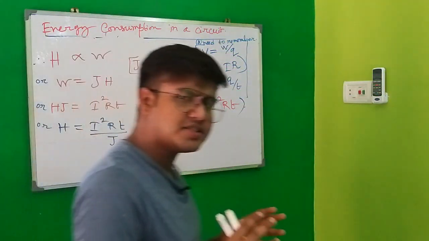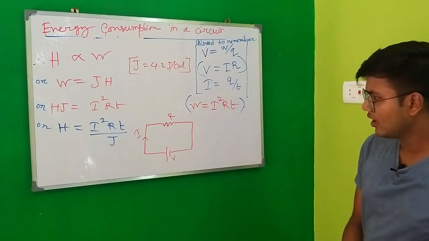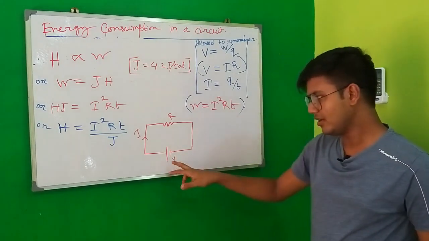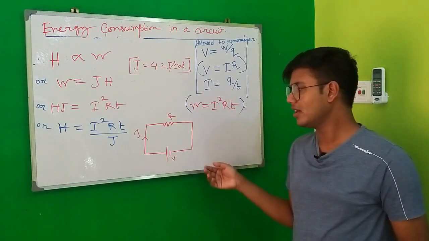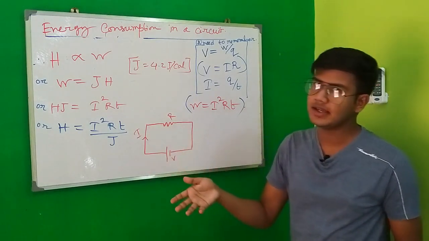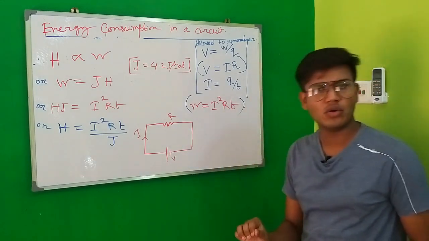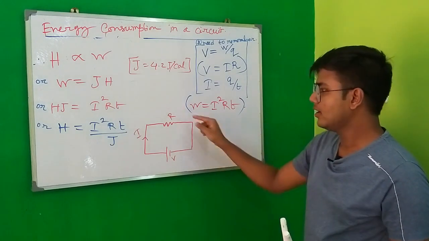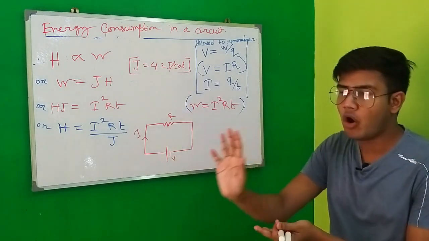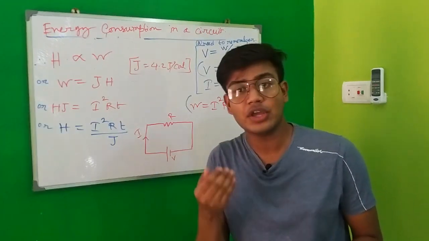We just learned that W equal to I square RT. Think of a circuit where you connected a cell with this resistance. While you turn it on, current I is flowing through it. We know that V equal to IR according to Ohm's law. But just think, in that circuit the resistance will block that current, so all that energy will be converted mostly into heat energy.